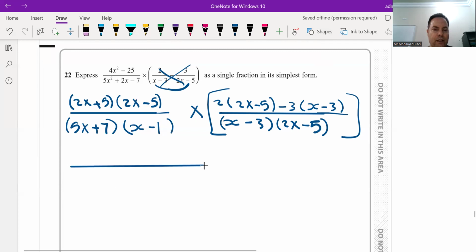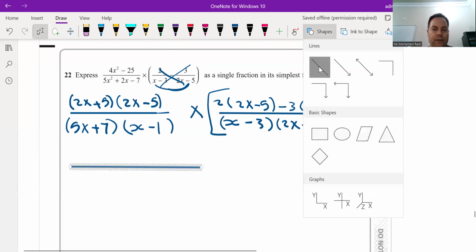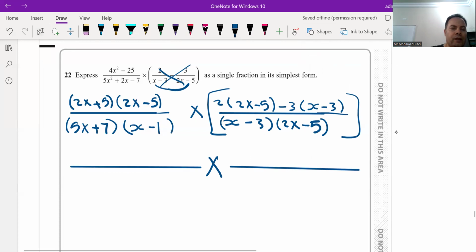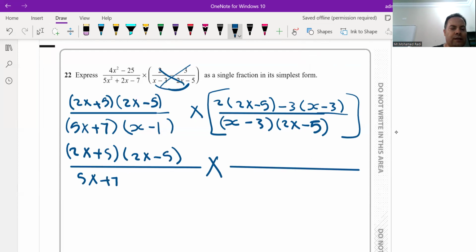The second part is a multiplication, so the first step is to simplify the numerator only. It's (2x plus 5) multiplied by (2x minus 5), divided by (5x plus 7) multiplied by (x minus 1).